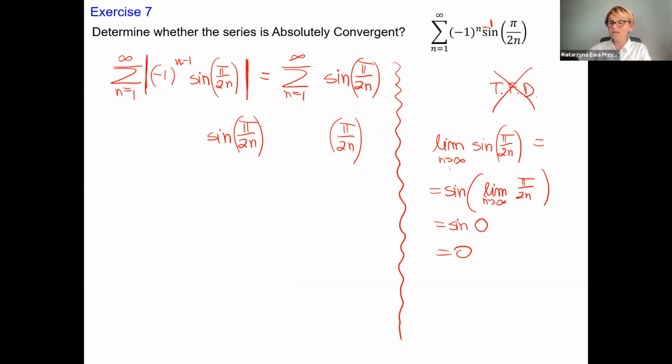Let's come back really quickly. We will compare. That's of course a little bit of my suggestion. I will not spend time thinking which expression is greater or smaller, because I would need that for the direct comparison test. That means I am skipping the direct comparison test, but I will do the limit comparison. Let's see if this works.